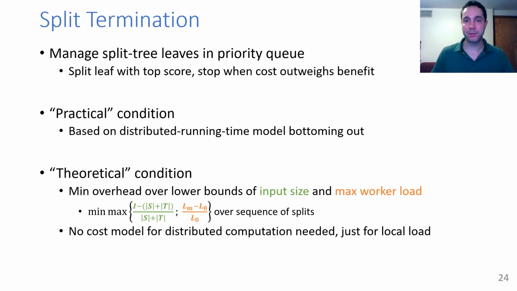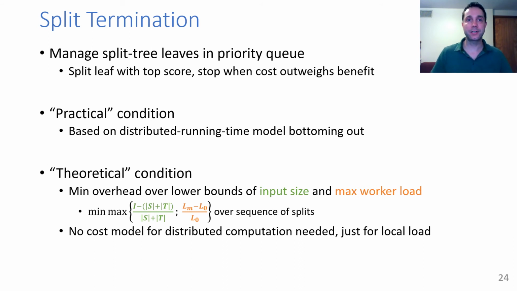Having settled on a split scoring measure, we now have to determine when to stop splitting. For that, we manage all the leaves of the split tree in a priority queue, splitting the one at the top first, and we stop the split process as soon as the cost of splitting outweighs the benefit. To determine that point, we propose 2 conditions, a practical and a theoretical condition.